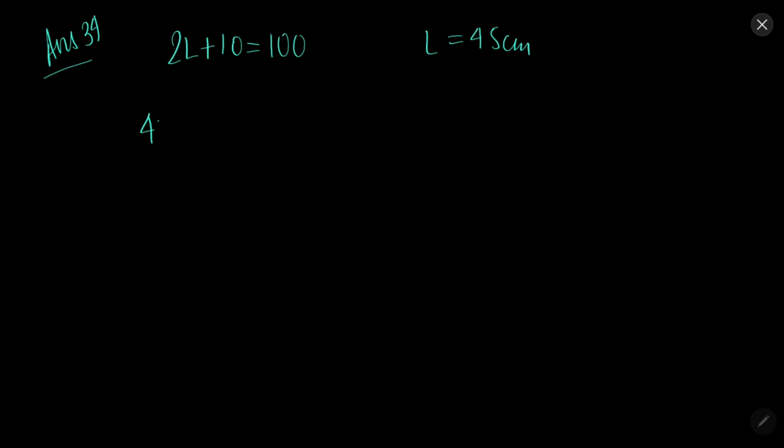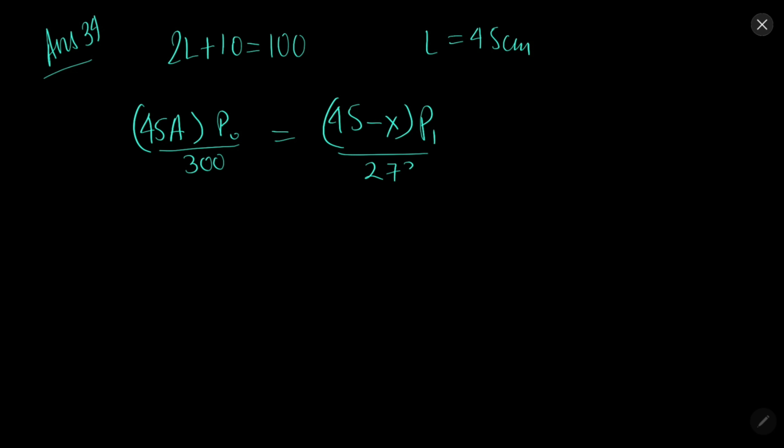So after this, 45A P0 over 300 equals 45 minus X A P1 over 273.